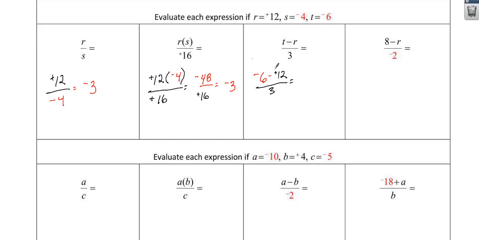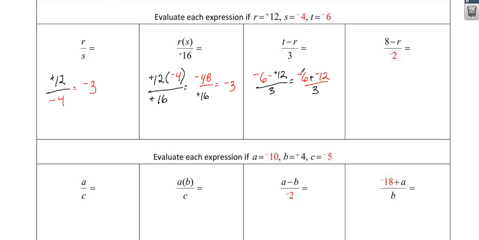So I'm going to have -6 plus, and I'm adding the opposite of positive 12, so I'm adding -12, all of that divided by 3. Now, in case you had made a mistake up to this point, go ahead and pause the video, fix it, and finish out the problem correctly.